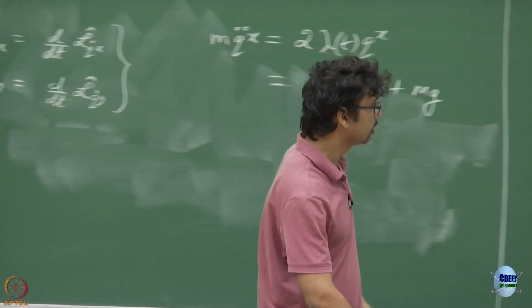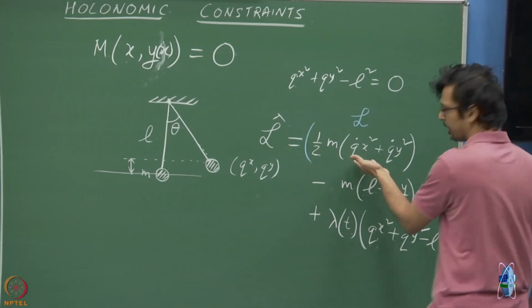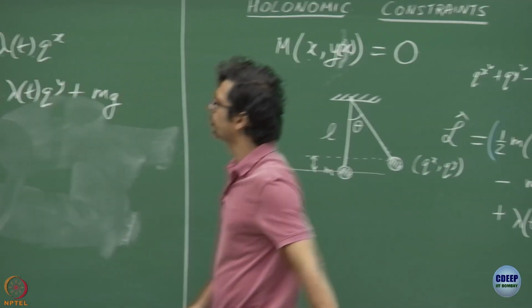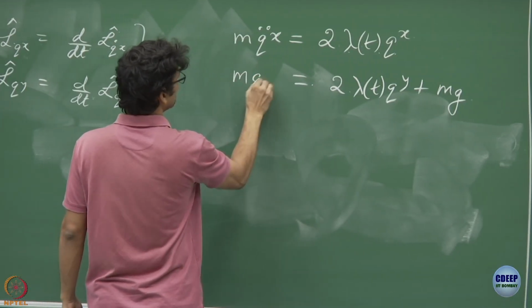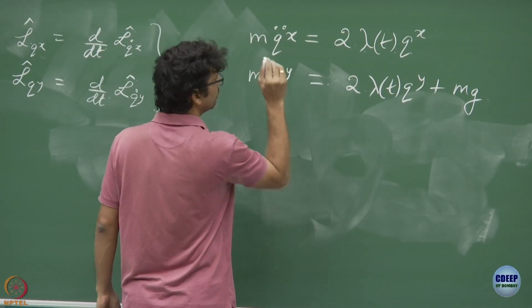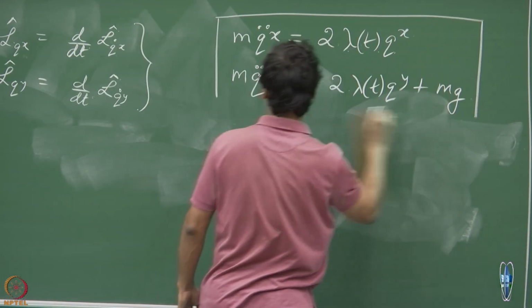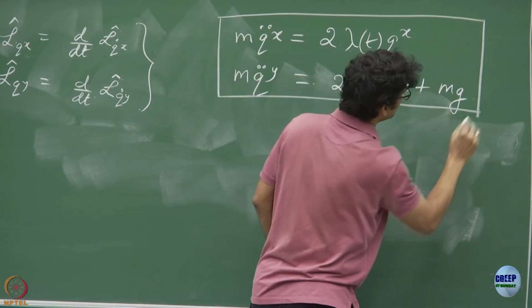On the left hand side, it's the same as here in case of Qx. This is the only place where Qy dot appears. So it's going to be mQy double dot. And these are my governing equations.